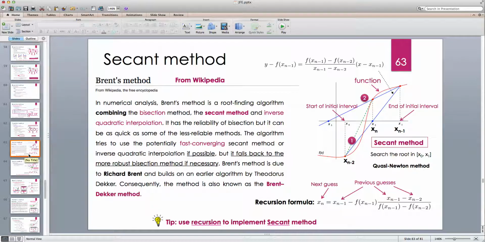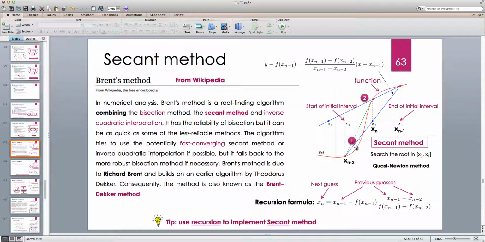Now in the secant method, what we said was that we start with the bracket for the root x0, x1, and try to come up with a recursion that takes into account the behavior of the function. And the simplest way to do that is connect the 2 endpoints of the function at x0 and x1. And because x0, x1 is a bracket for the root, we know that the values of f have different signs.